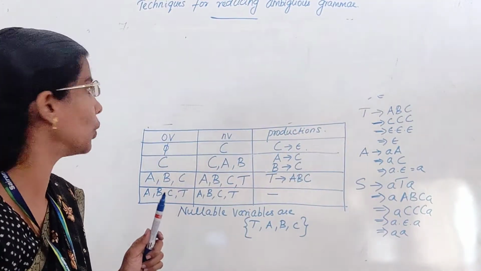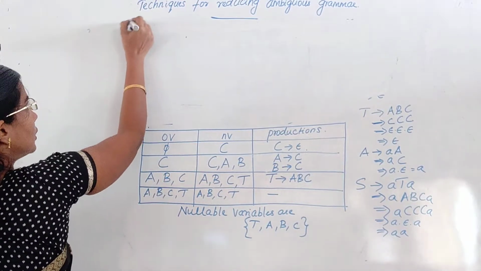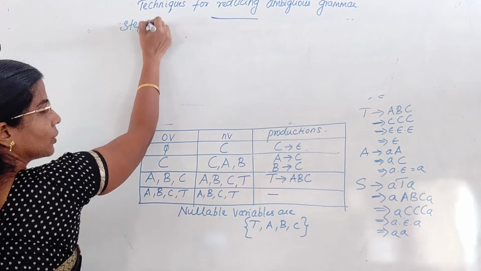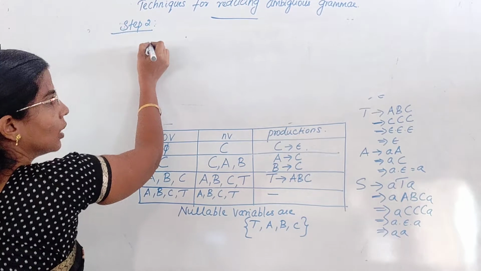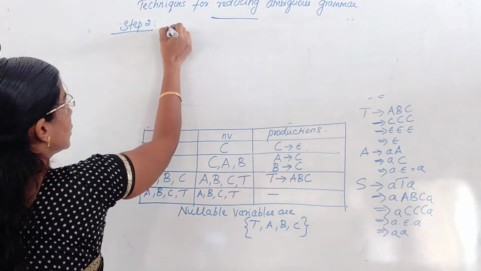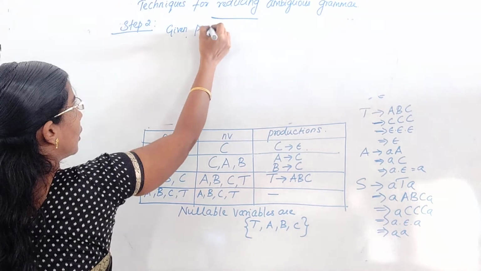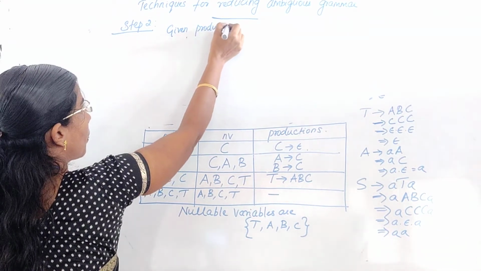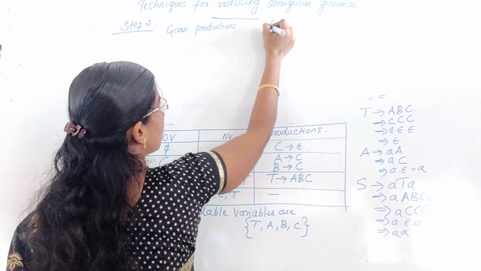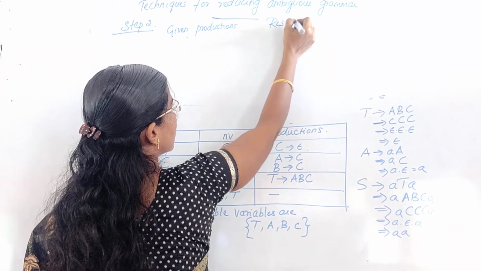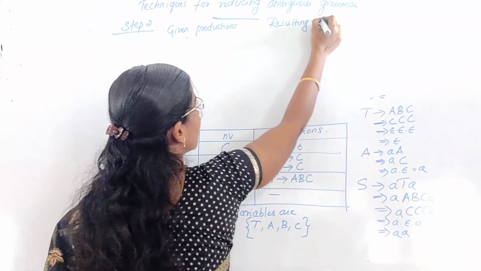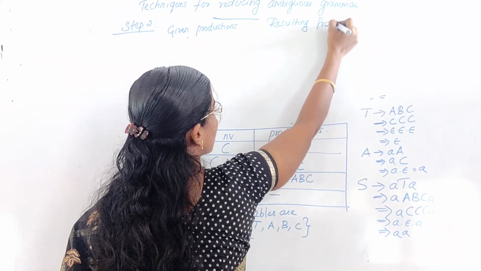Right, step 2, you know, given productions and resulting productions.